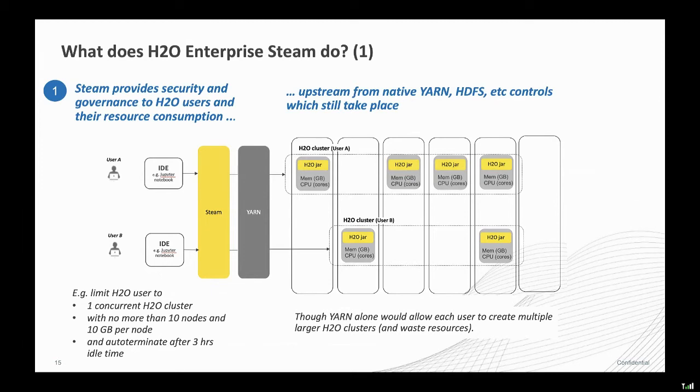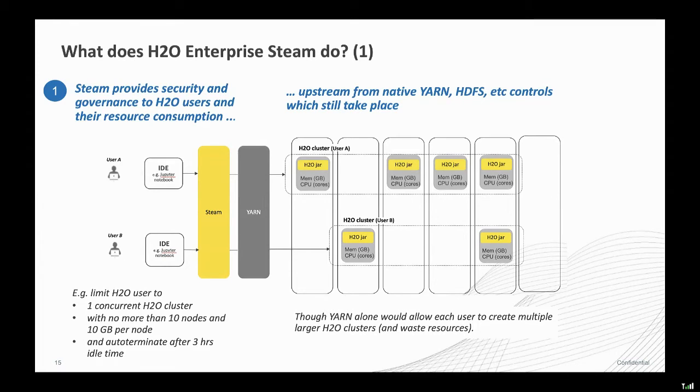As an example, you can create what we call a profile and assign it to individuals where you can only have X number of concurrent H2O clusters running. In this case, the user can only have one H2O cluster running. It can have no more than 10 nodes, no more than 10 gigabytes per node, and it'll auto-terminate after 3 hours of idle time.